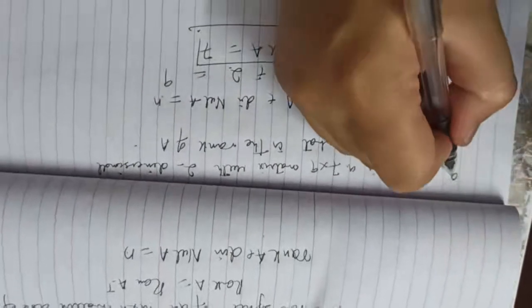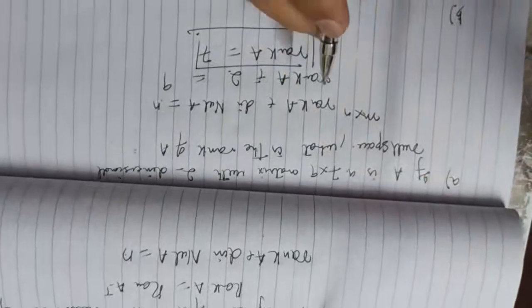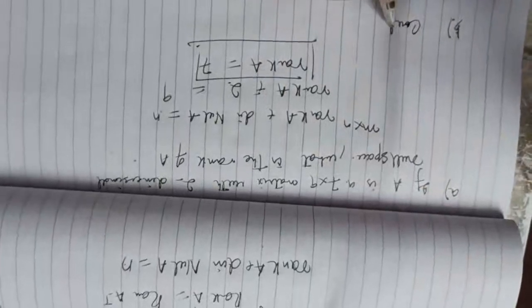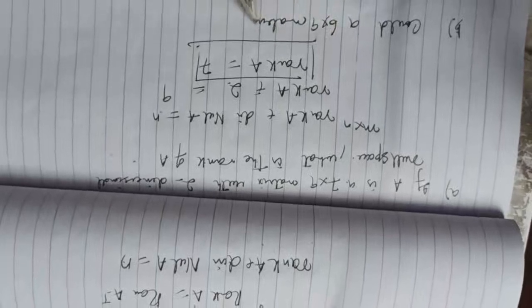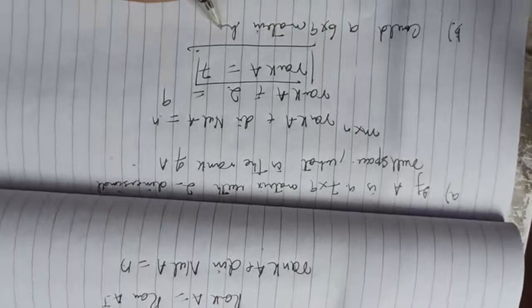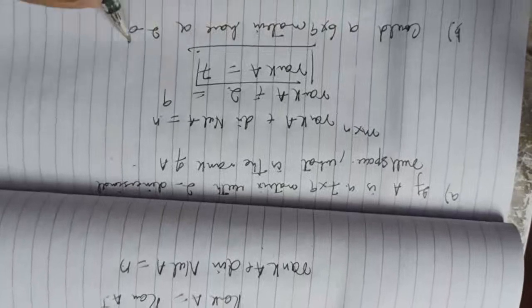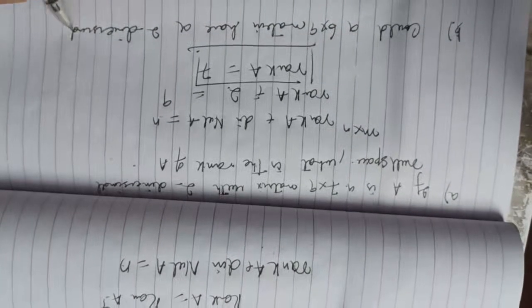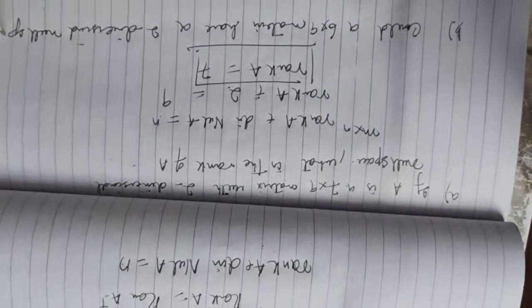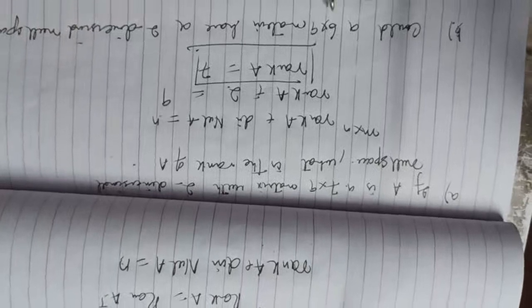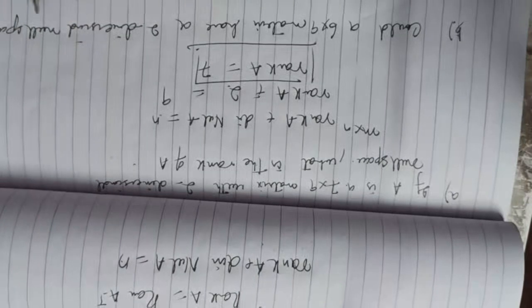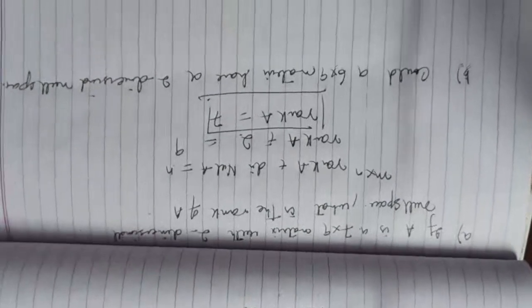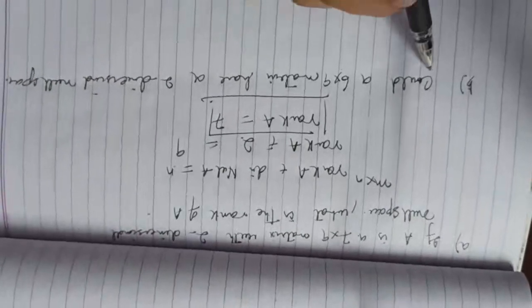Now another example that we can do is: could a 6 cross 9 matrix have a 2-dimensional null space? So what do you think?